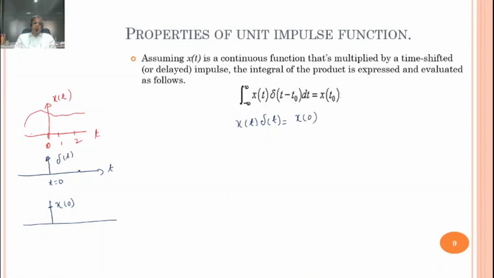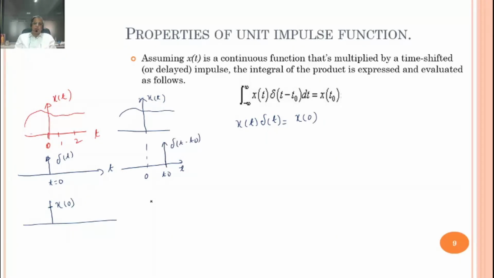Now this one is the shifted function. For the shifted function, this is x of t, and the delta signal is shifted by t0. Now it will exist at this instant, delta t minus t0.